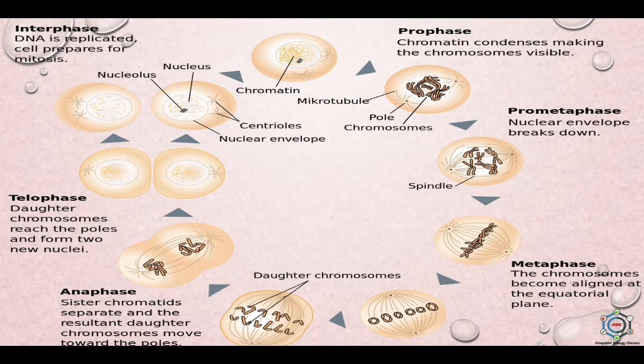Then the anaphase where the sister chromatids separate and the resultant daughter chromosomes move towards the poles. And the last is telophase where the daughter chromosomes reach the poles and form two nuclei. After that the cytokinesis occurs and the single parent cell separates to form two daughter cells.